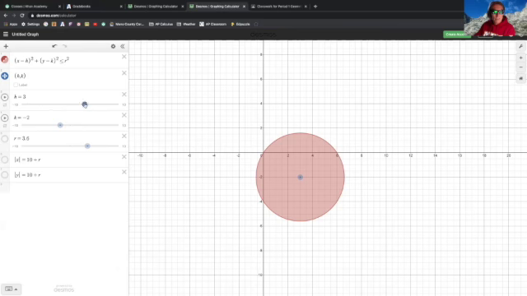So I can move h, and h gives me the x coordinate. I could change that to wherever I want to, and the k would give me the y coordinate that moves around, and the radius, I could change the radius. I could set this on animate, and this is just going to move around on its own.